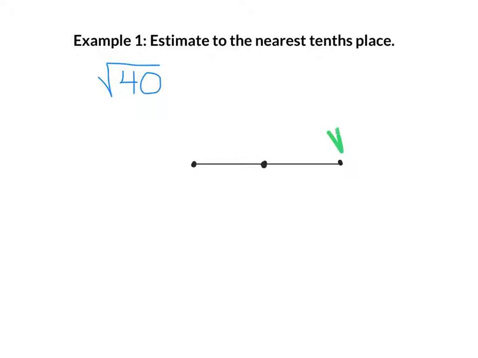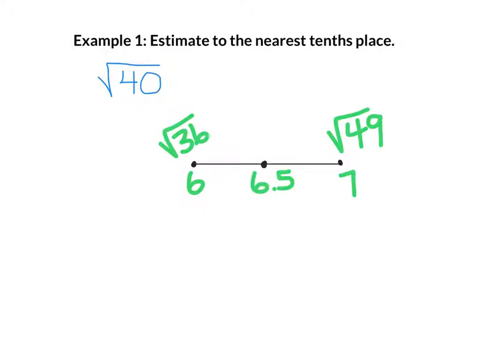Well, it comes before the square root of 49, which is 7, and the one before that is the square root of 36, which is 6. Halfway between that is 6.5. And the square root of 40 is somewhere about here on the number line.